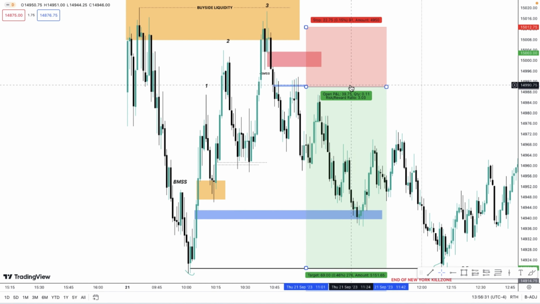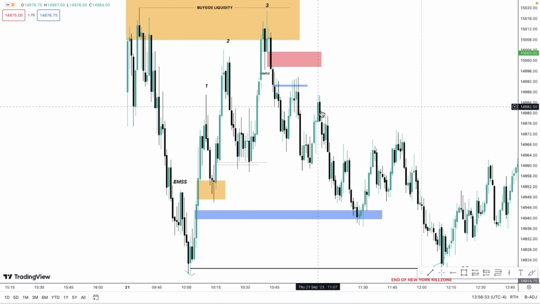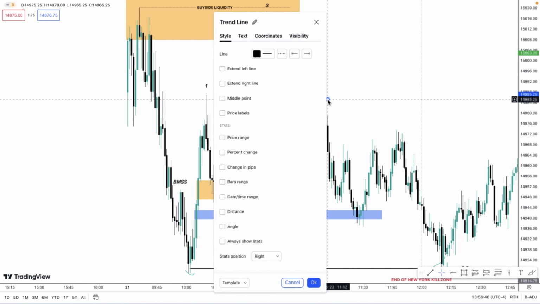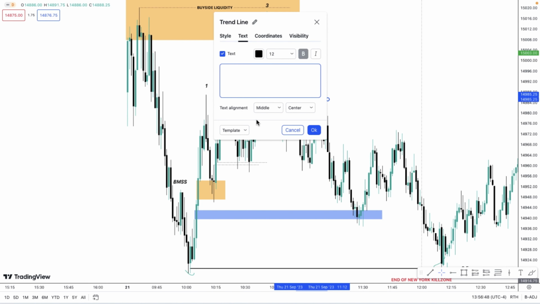Let's say it happens that you miss the entry. Well, after price trades to the volume imbalance, it breaks lower. Order block. That's a bearish order block.